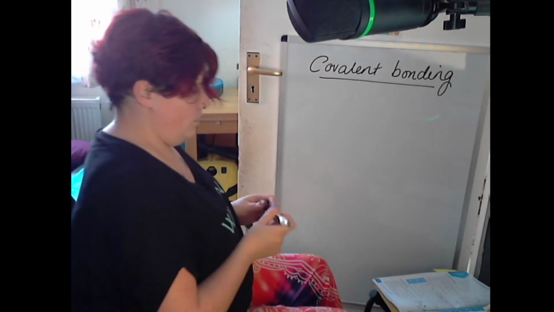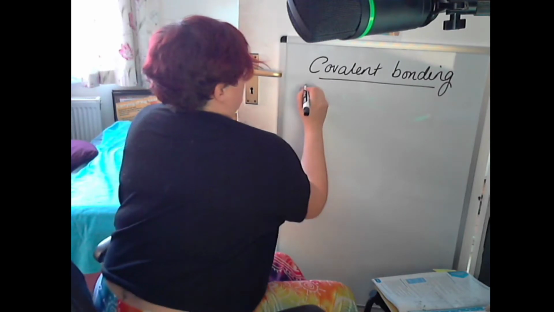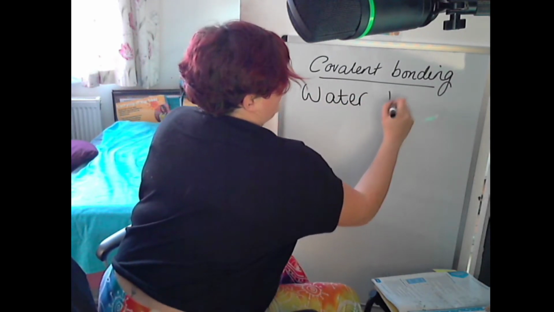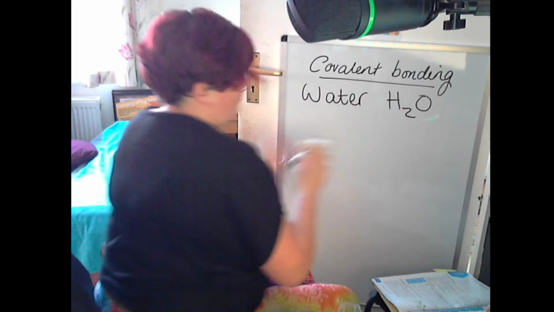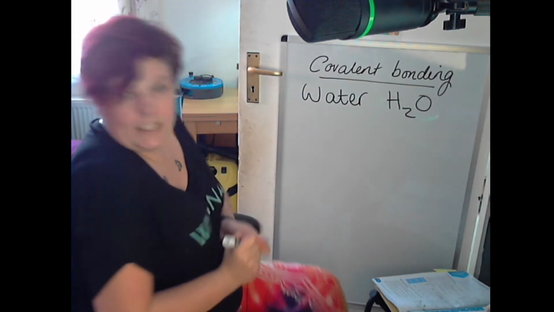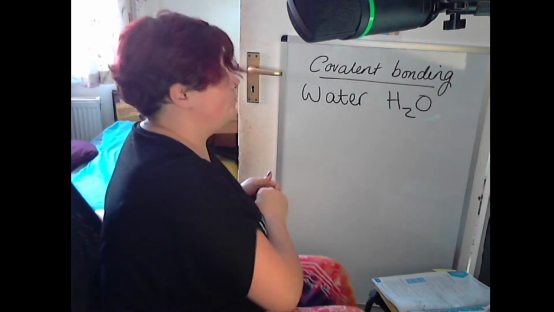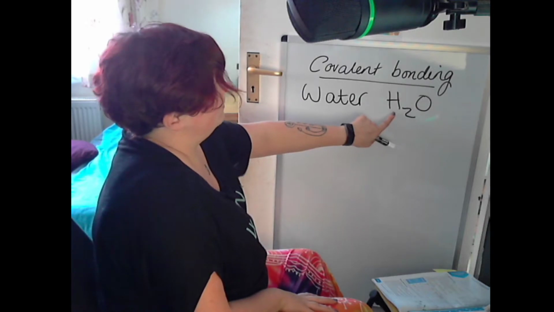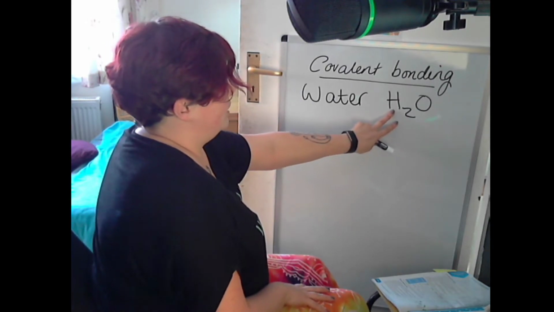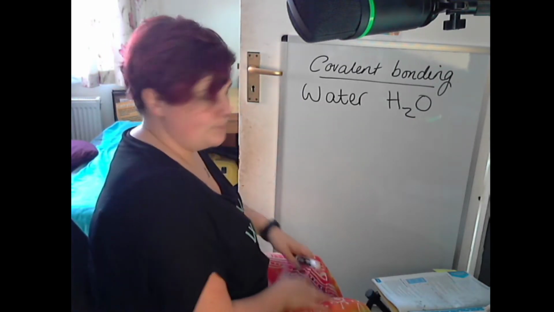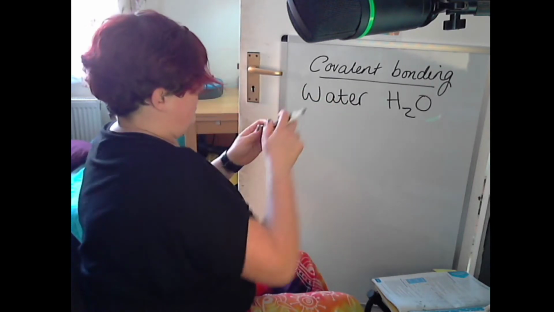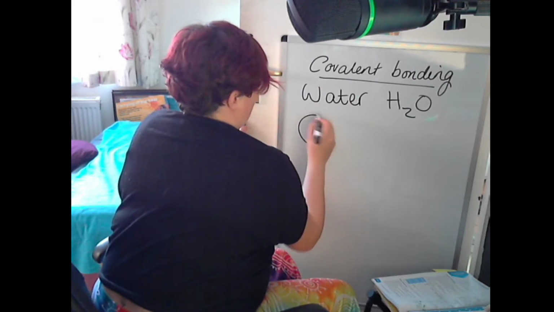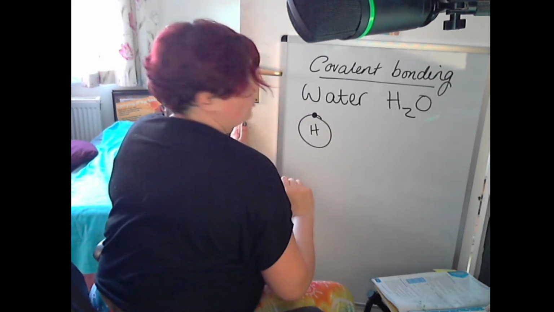The first one I want to look at is water, which is H2O. For anyone who is not 100% sure on that, that 2 only applies to the element before it. So you've got 2 hydrogen atoms and 1 oxygen atom. If we draw them out, we've got hydrogen, which is on its own, it's only got 1 electron.